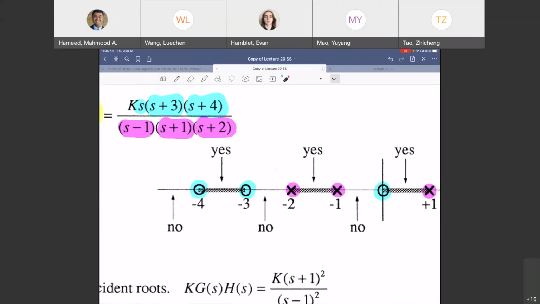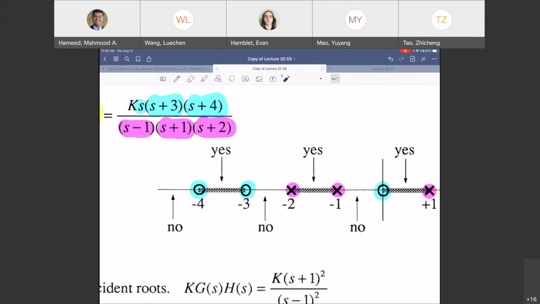Next, what do you do here? You know that there is root locus here, you know that there is root locus here, and you know that it starts at a pole and ends at a zero. So can you guys tell me, just as a guess maybe, what do you think happens here?